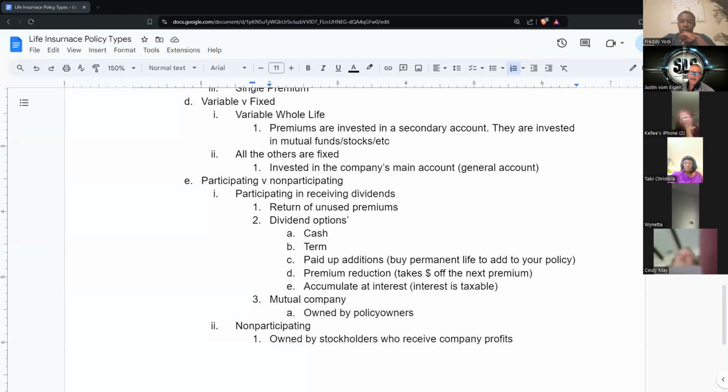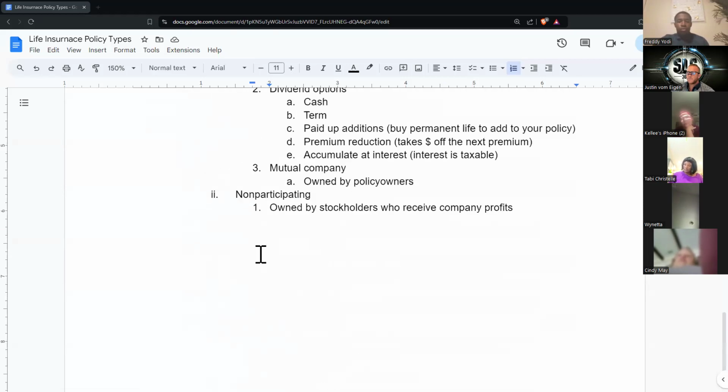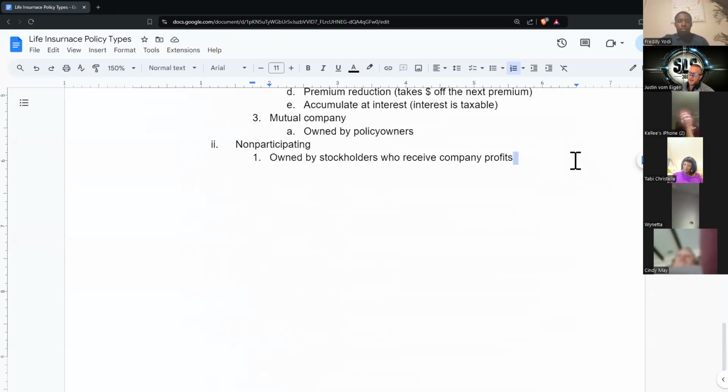Okay, so for cash value. In a whole life policy, it's a savings component. So essentially, it's a value. You can't call it a savings account, but it's a value in the policy. It's like equity, right?